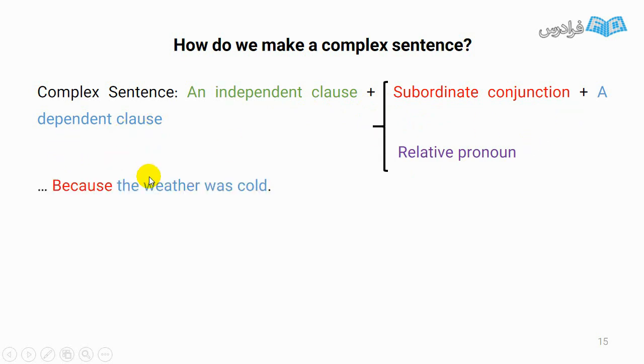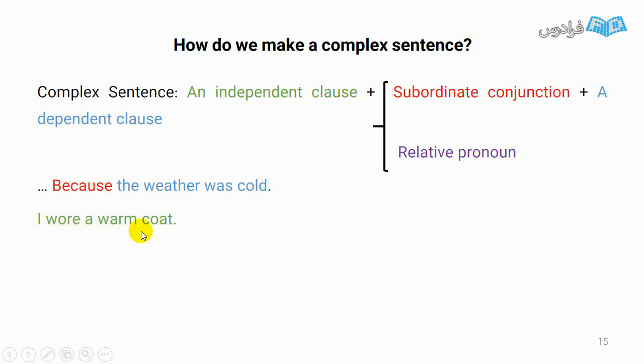Let's check. Because the weather was cold, when I say this sentence, what are you waiting for? What is going on? It's not completed. The idea is not completed. Although it has a subject and a verb, and I wore a warm coat. But look at this sentence. It is a sentence, subject and a verb, and it has a complete idea.